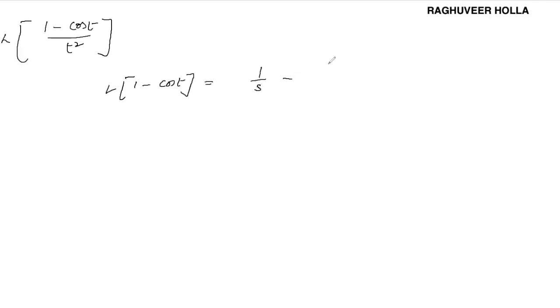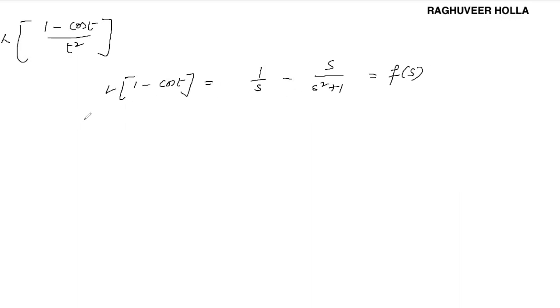Now let us find another problem on Laplace transform. Laplace transform of 1 minus cos t by t square. We will first find Laplace transform of 1 minus cos t, which is 1 by s minus s by s square plus 1, which is f of s.